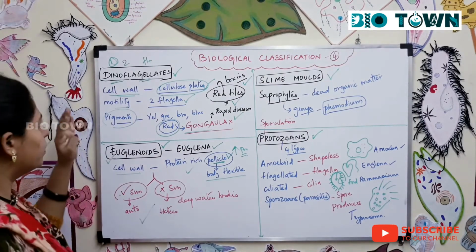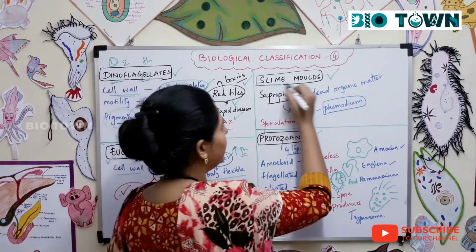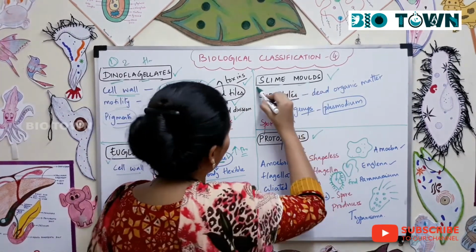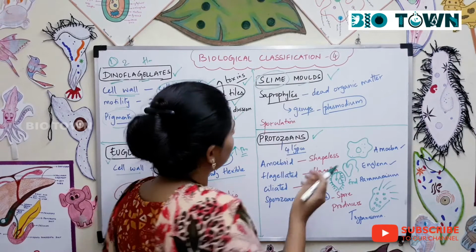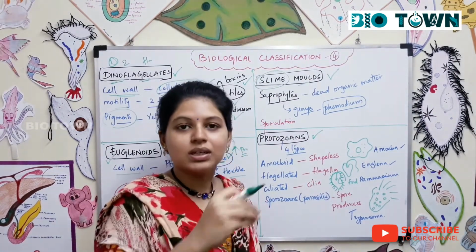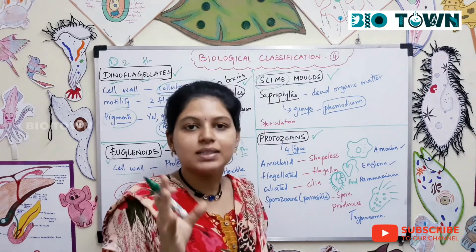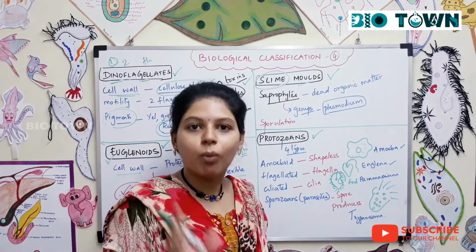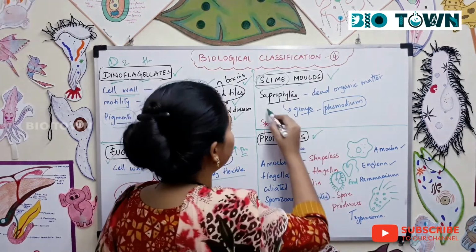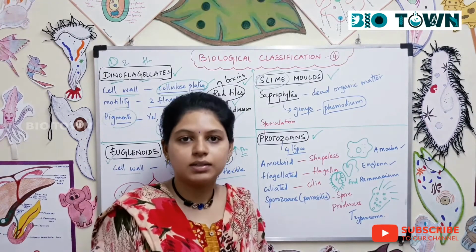Alright, so we saw about dinoflagellates and euglenoids. Next, we'll move to slime molds. As the term suggests, slime molds are all slimy substances. They produce a slimy, mucosal substance around their cell body, which keeps them moist, because most of them are saprophytes, which means that they depend on dead organisms.